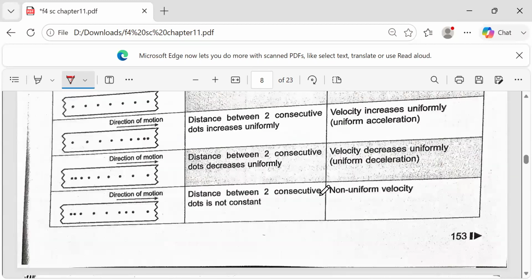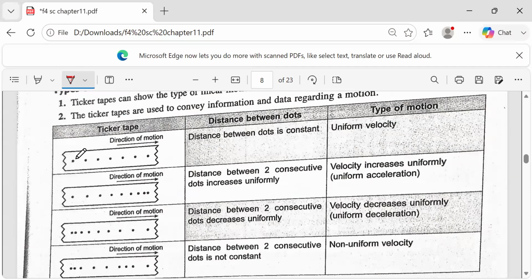If the distance here and here is the same, that means the speed is constant speed. 如果它越来越近，就是越来越慢。越来越远是比较快。Right?